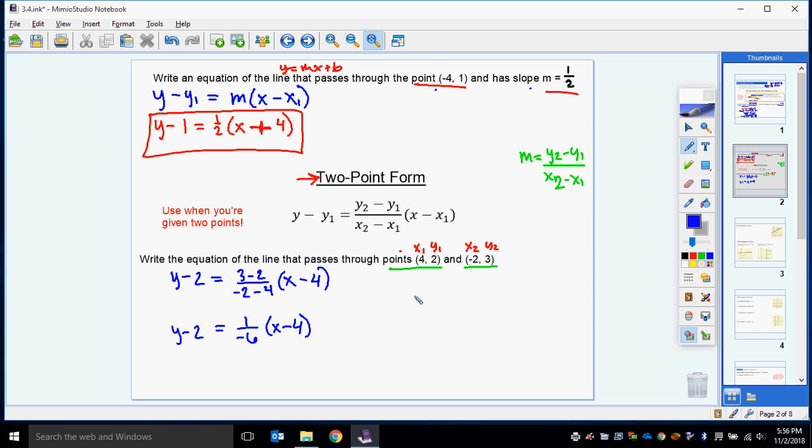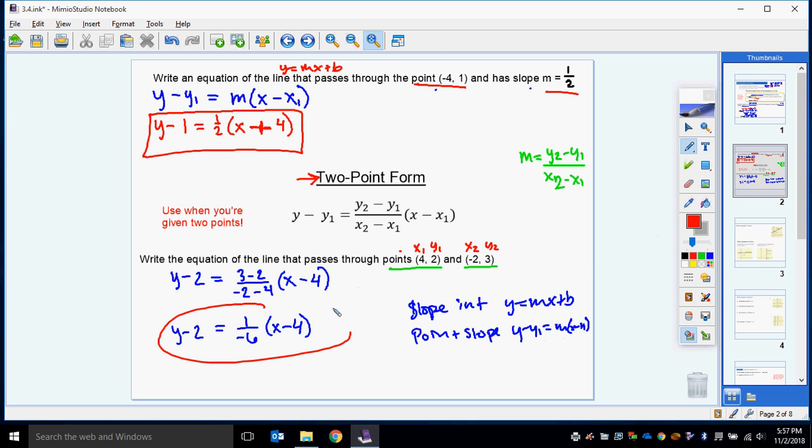So I have a couple different options. I can write it in slope-intercept form, which is y equals mx plus b. I can write it in point slope form, which is y minus y1 equals m times x minus x1. Which one is easier from here?